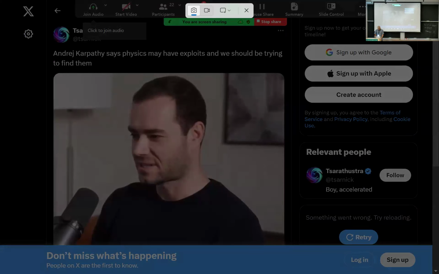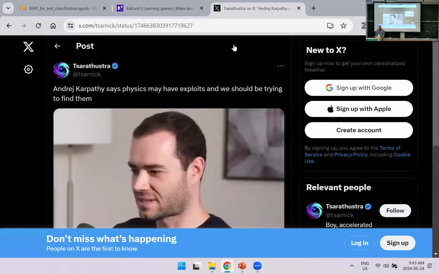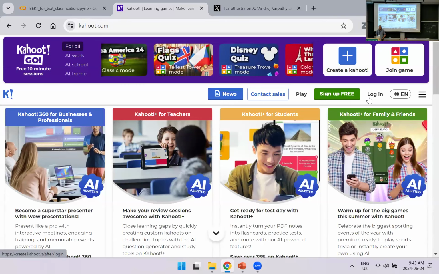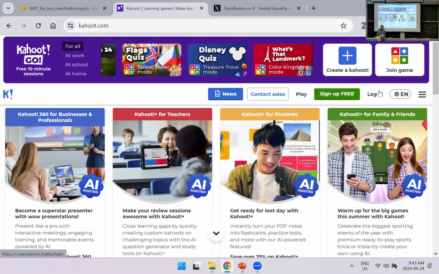No, not this. I don't know how to minimize this. Okay, all right. So you can join the game. I guess I need just a few seconds to log in and prepare the game.